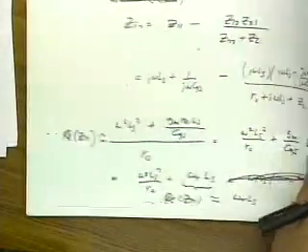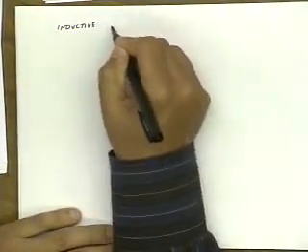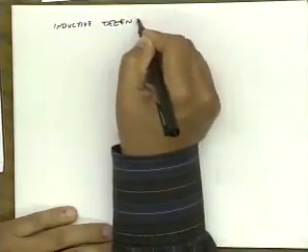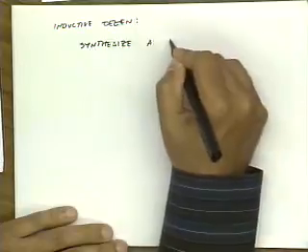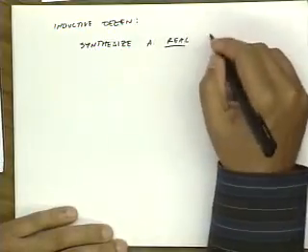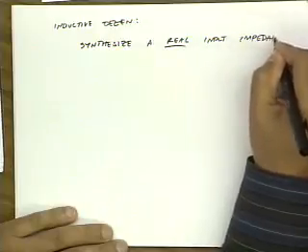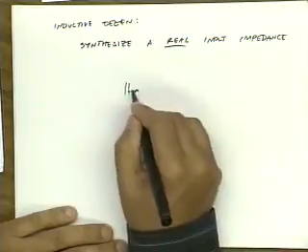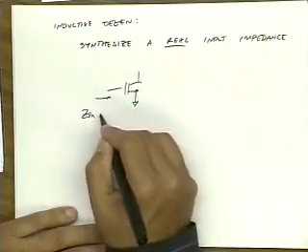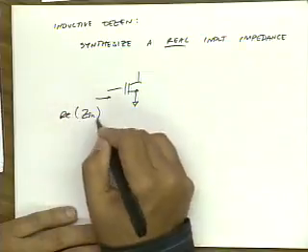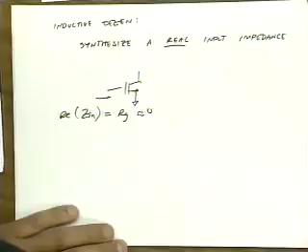In fact, this is the reason that we use inductive degeneration: to synthesize a real input impedance. So if I take my transistor and I look into Z in, the real part of Z in is just RG, which is pretty small.